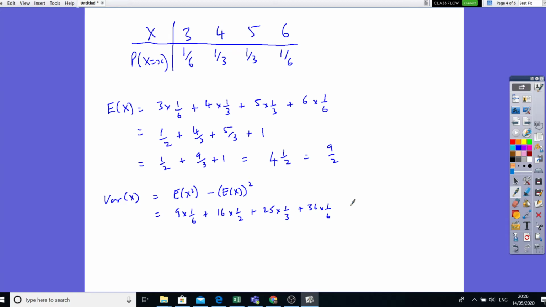And you can easily do this on your calculator, which I'm going to do now, and then take away E of x, which was 4.5, 9 over 2 squared. So just quickly grab your calculator, and you get 9 over 6, add 8, add 25 over 3, add 6.